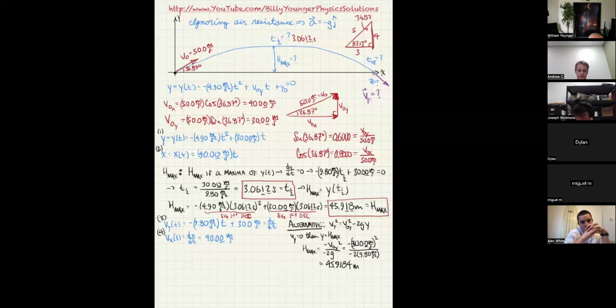We can box that off and say that's H max. And we've confirmed it two ways now. Everybody sees how we actually had 3 different ways of doing that. 2 of them turned out to be identical, and the third one was entirely different but gave us the same answer. Does that make sense to everyone?